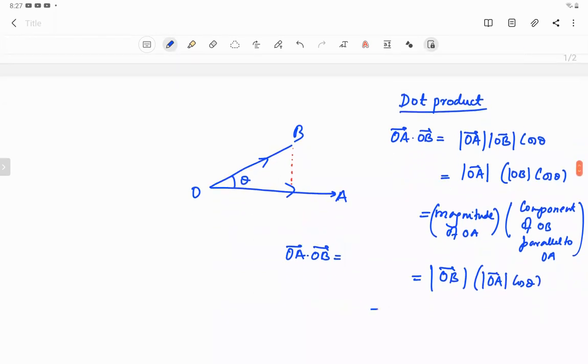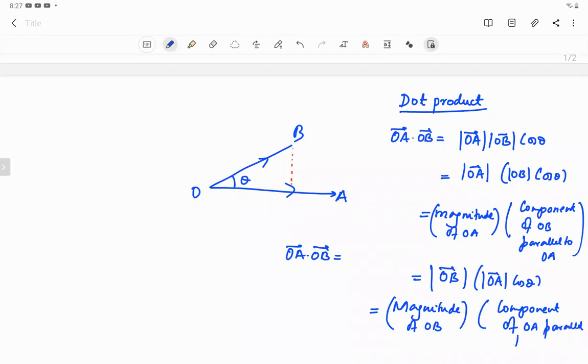So that means magnitude of OB multiplied to component of OA parallel to OB. We can understand it like this.